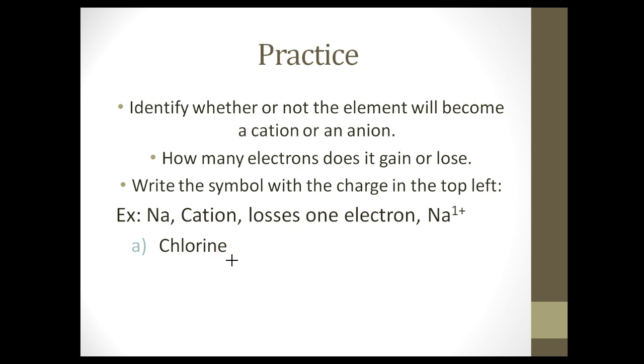So chlorine gains 1 electron, and then it becomes Cl with a negative 1 charge. That's your ion for chlorine.